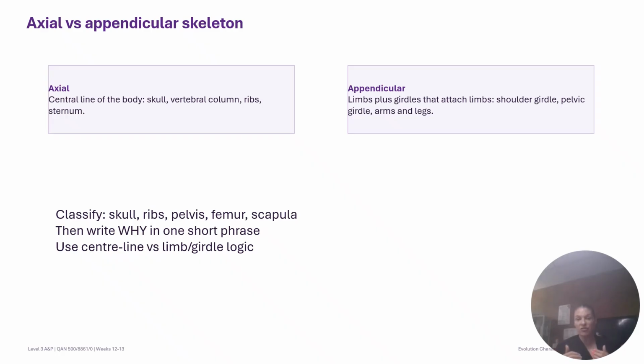So try and understand, again: skull, axial; ribs, axial; spine, axial; pelvis, appendicular; humerus, appendicular; femur, thigh, appendicular; scapula, back, appendicular; and sternum, axial. It's here. It helps you to breathe. Yeah, it's in that area. Okay, we're talking about revising, we're talking about really understanding where these bones actually are.